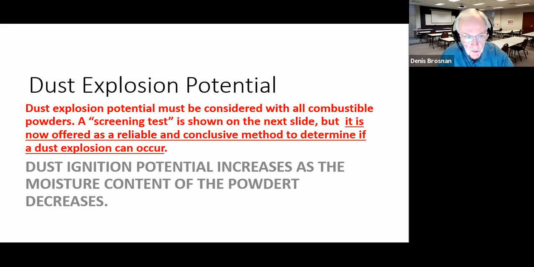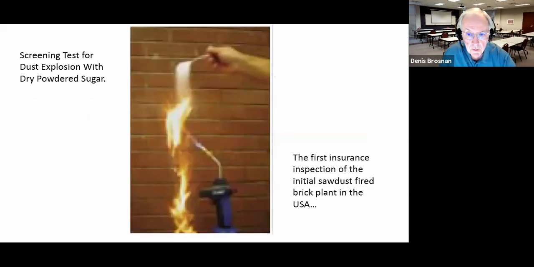The drier the powder, the more apt you are to have ignition. And of course, ignition of a powder cloud is the same as a bomb. It's essentially like a gas flame ignition, and it can be catastrophic.